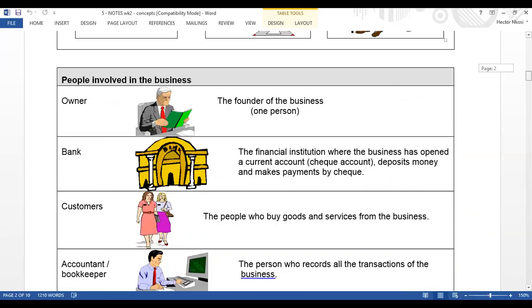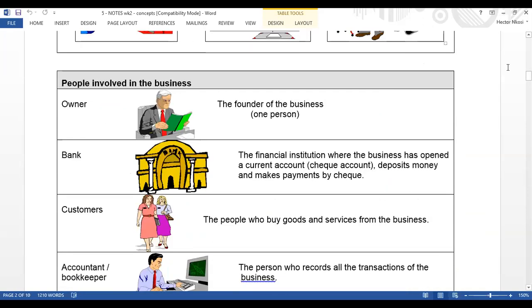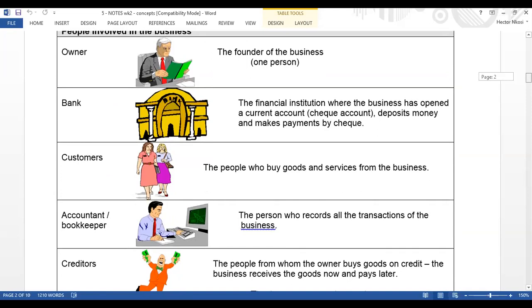Now, are people involved in a business? We know one thing first, the owner is the founder of the business, right? The owner is involved. The bank is involved because sometimes, guys, we do borrow a loan from the bank. Sometimes we go to the bank after making a certain amount of money per week or per day.